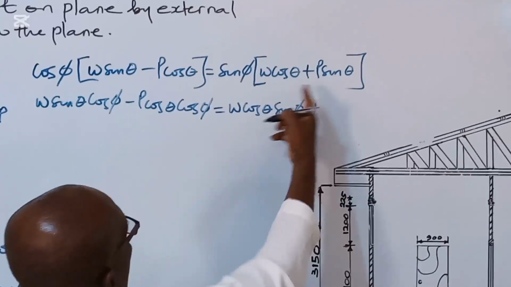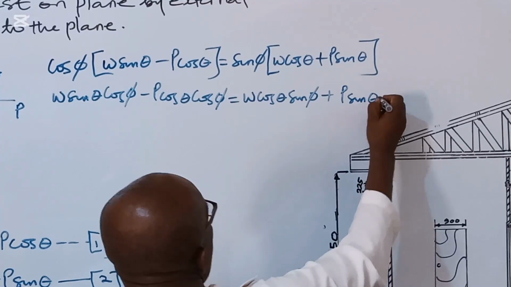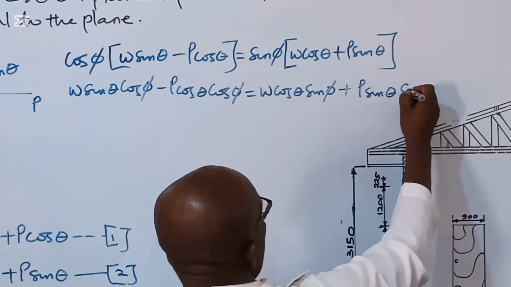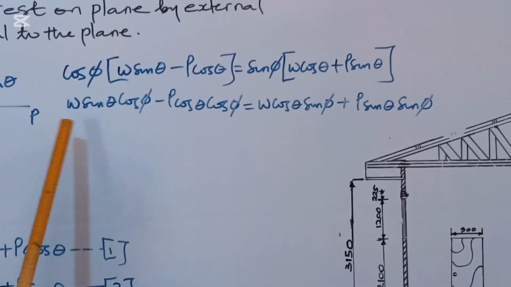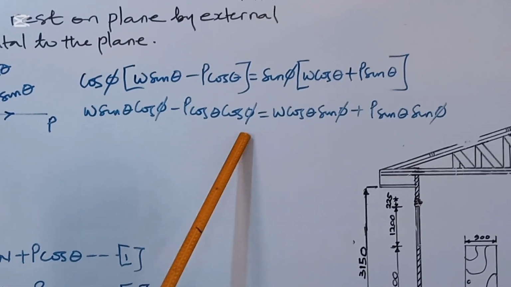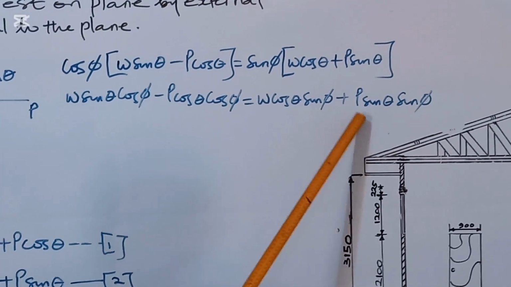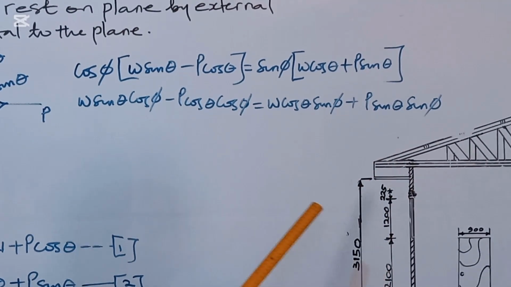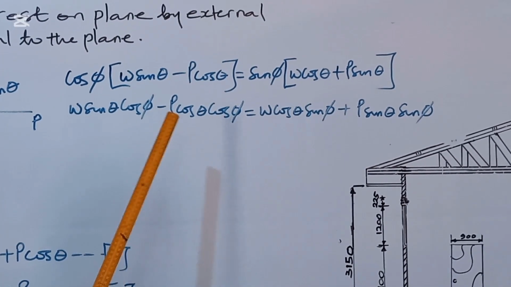Plus P sin theta sin phi. That's great. Okay, we have W sin theta cos phi minus P cos theta cos phi equals to W cos theta sin phi plus P sin theta sin phi. Now let's bring the P terms together and put the W terms together.